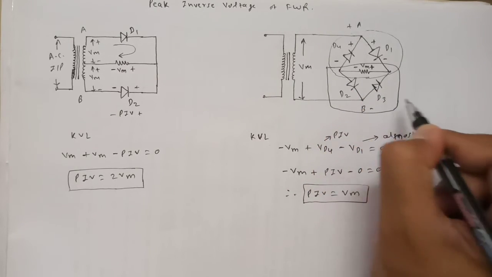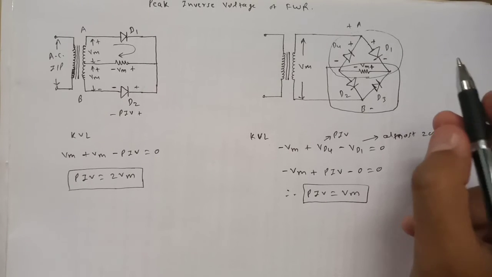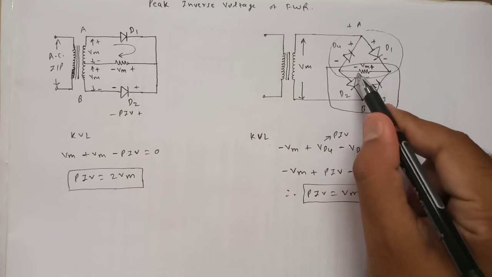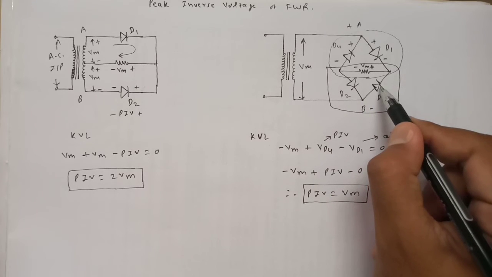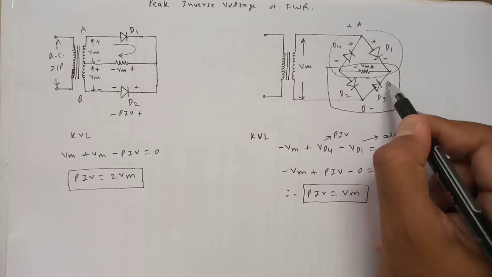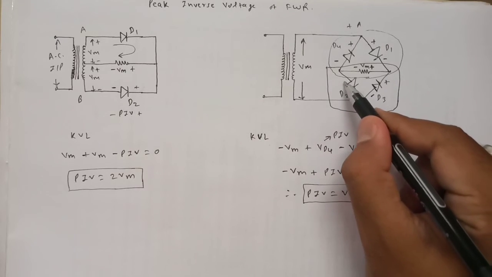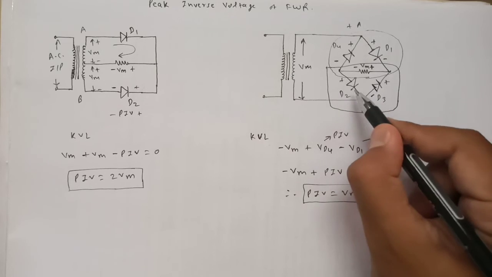Now if I have to apply the sign conventions, the sign convention of Vm will remain the same because the current is flowing from right to left. This diode D3 is reverse bias, so we have positive and negative here. This diode is forward bias, so this is positive, this is negative.